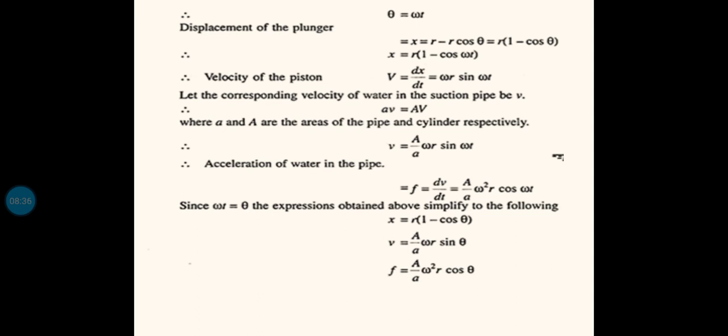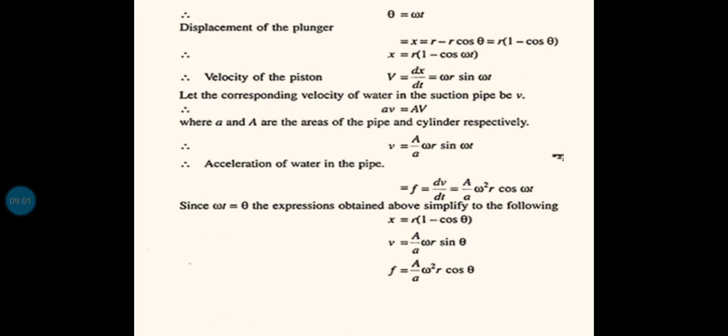A by a is constant, omega r is again constant. I just differentiate the sin omega t term only. Differentiating sin omega t gives cos omega t into omega. So totally A by a omega square r cos omega t will be the acceleration term.